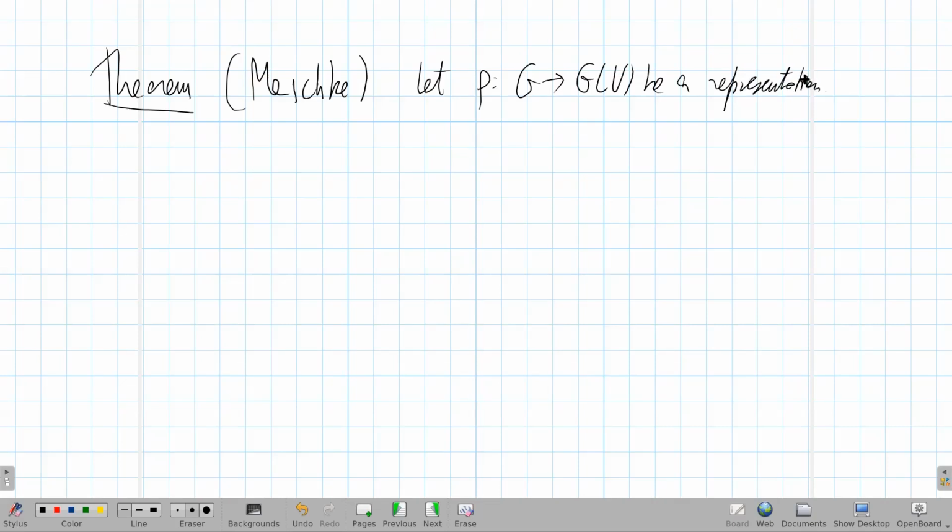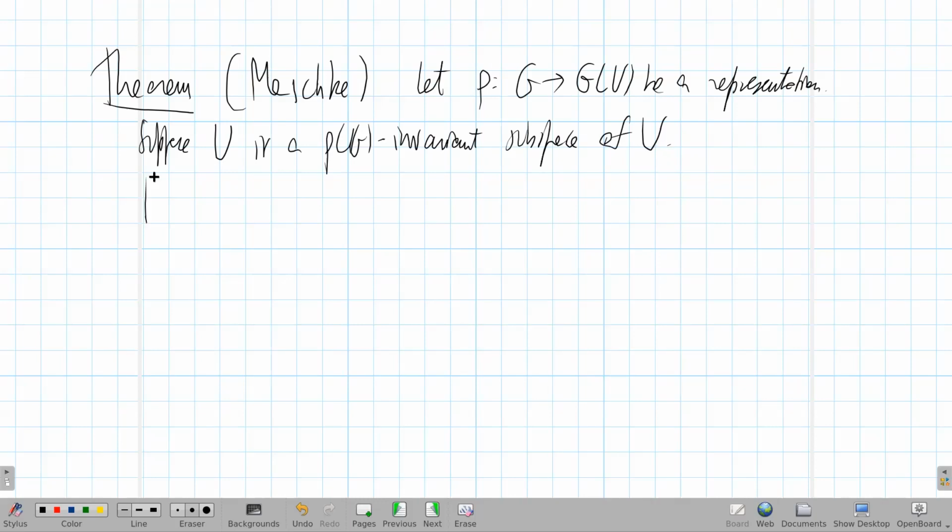Once more, and then I'll stop reminding you of this, but G is a finite group and V is a finite dimensional vector space over C, okay? Suppose U is a rho G invariant subspace of V, okay?